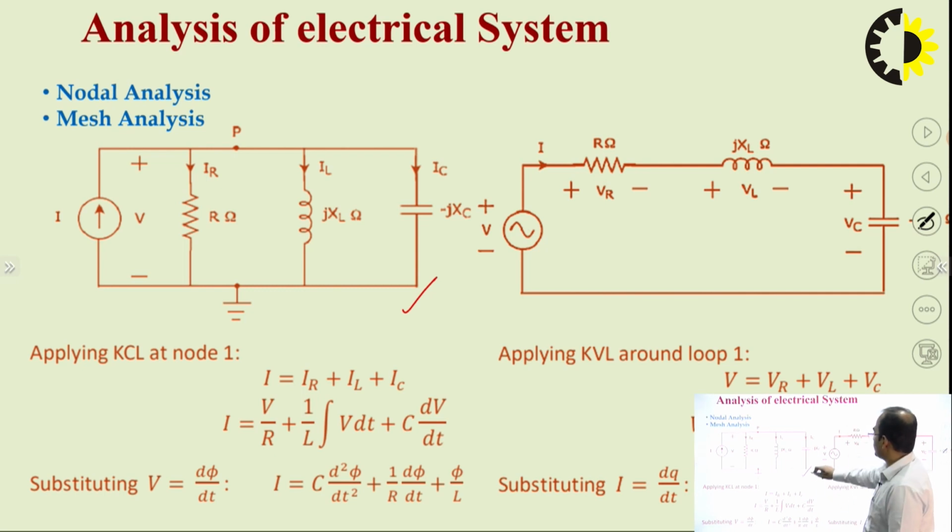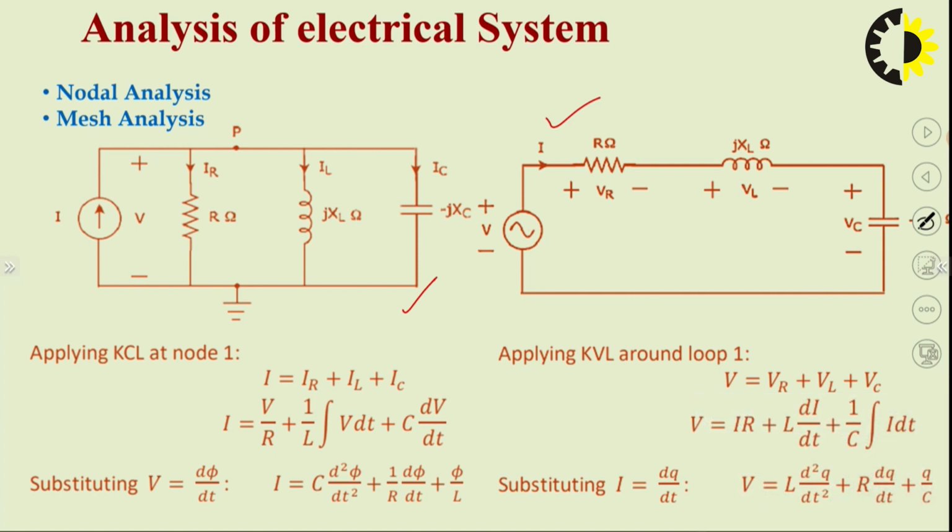This is the mesh or network, and this is another one in which resistance, inductor and capacitor are connected in parallel, and in this circuit they are connected in series. So, if I want to find the total current flowing in this branch in terms of inductor, capacitor and resistance, we know it in terms of voltage.